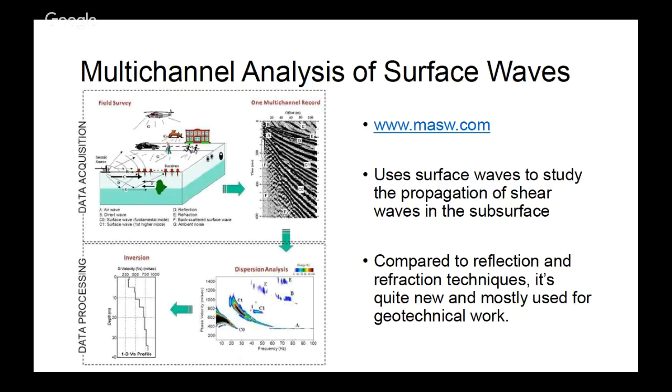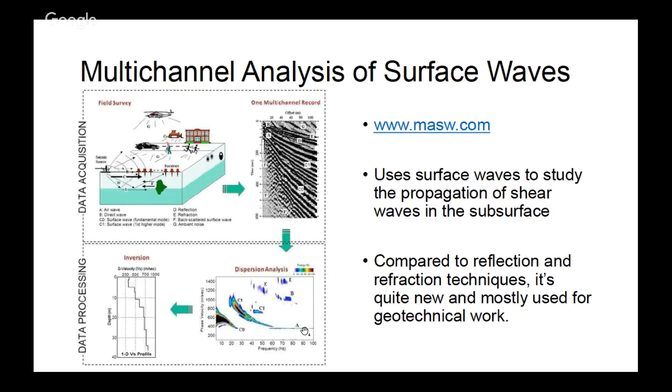That shows you that each of these different waves has a characteristic frequency of its energy, and that characteristic frequency has a velocity. The velocity that wave is traveling with is dependent on its frequency content.